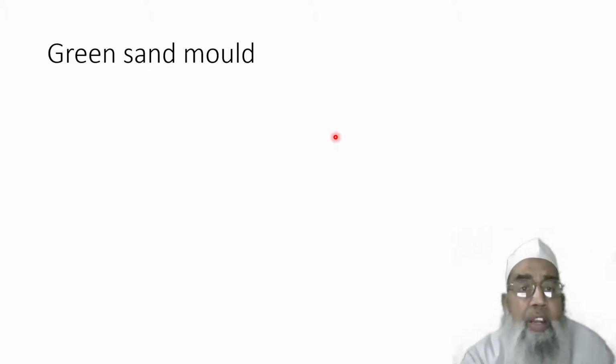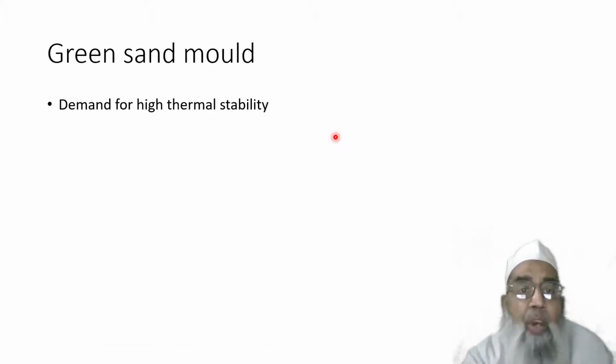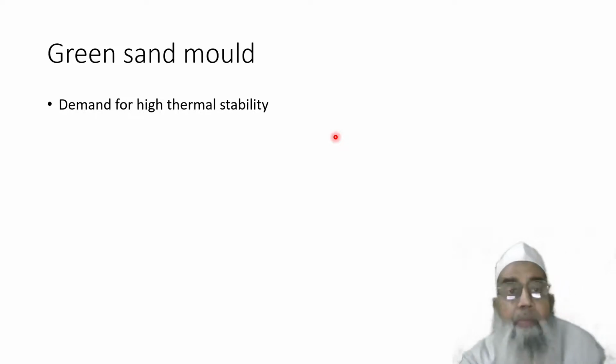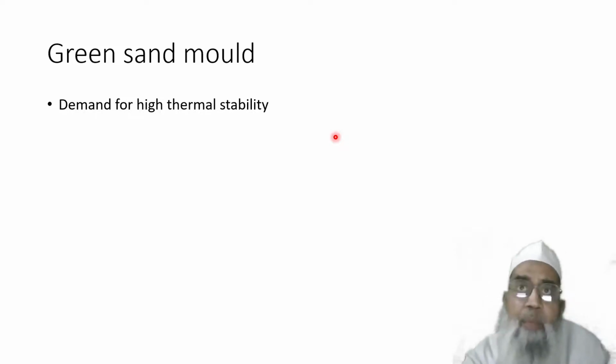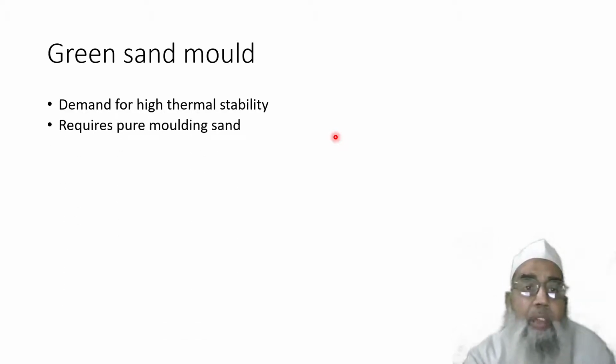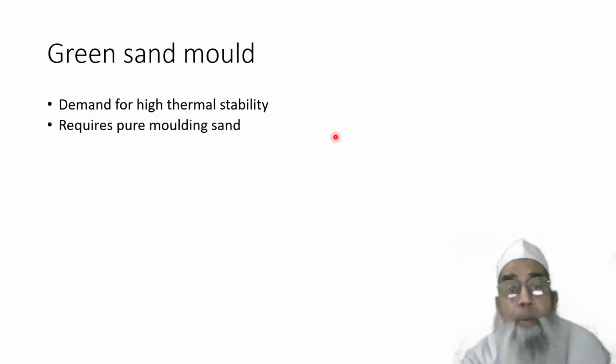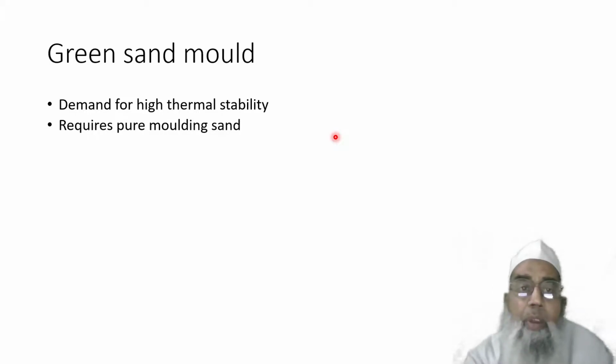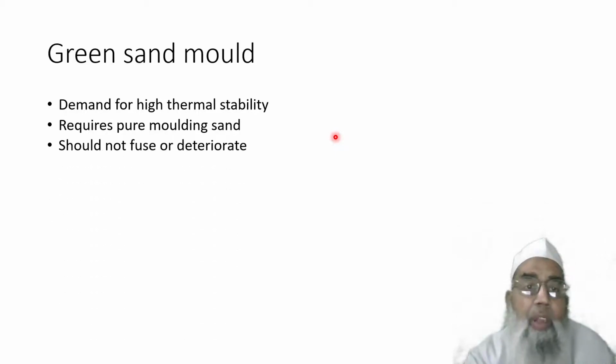Now, green sand mold. There is a demand for high thermal stability. Because of the high pouring temperature, the mold should be thermally stable and withstand the high temperature, and therefore requires pure molding sand, so that it stays stable at high temperature.